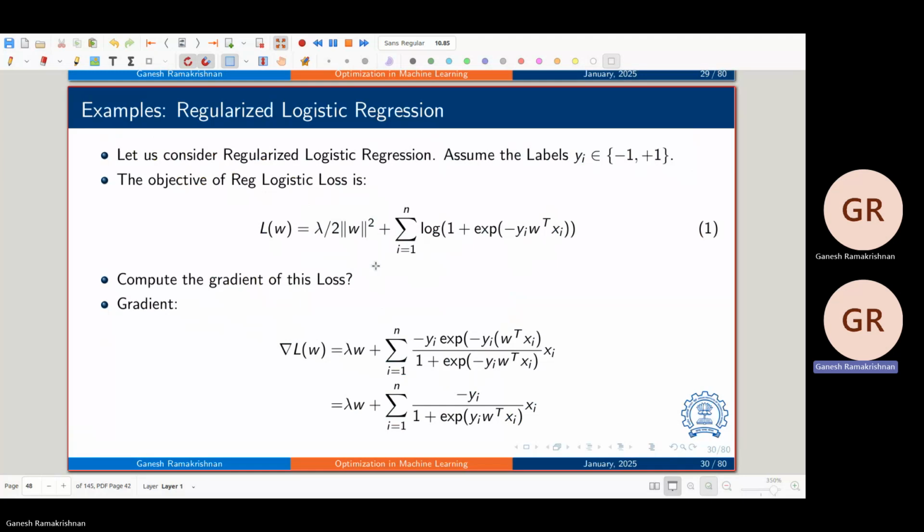The second component requires you to identify that this exponentiated form is very interesting. When you take the gradient, this exponentiated form sticks around, even with respect to the partial derivatives. The exponentiated form has a dot product with the W vector, and what will stay back once you take the gradient is this exponentiated form divided by 1 plus the same exponentiated form, and what will come out are these xi's.